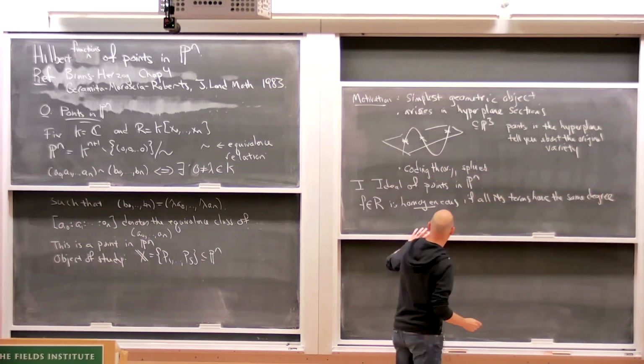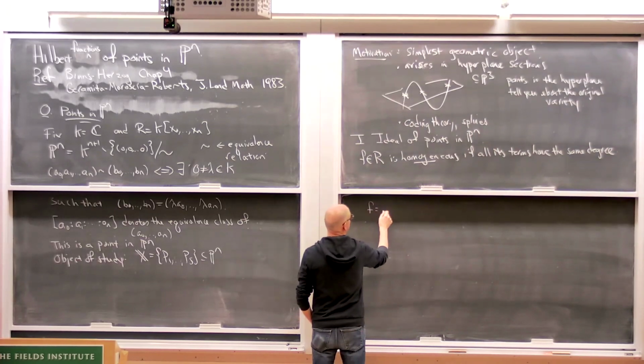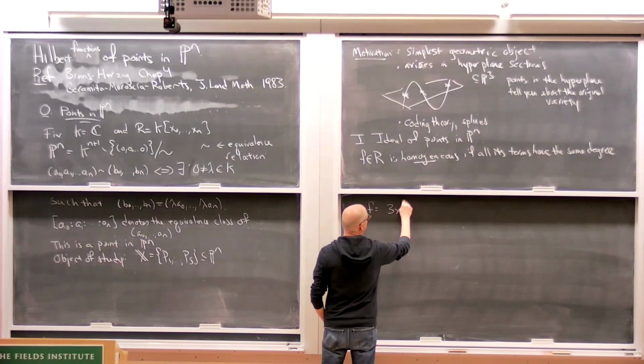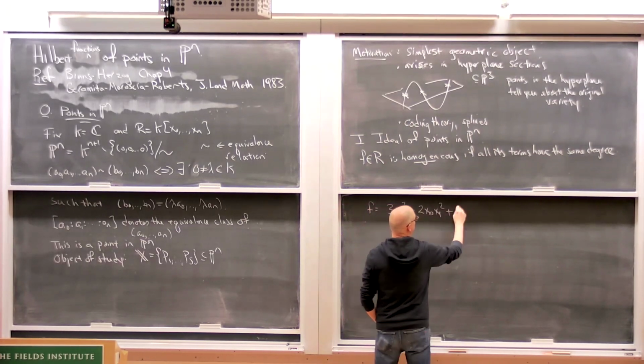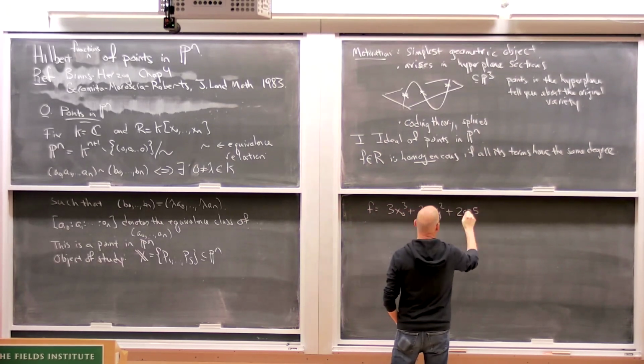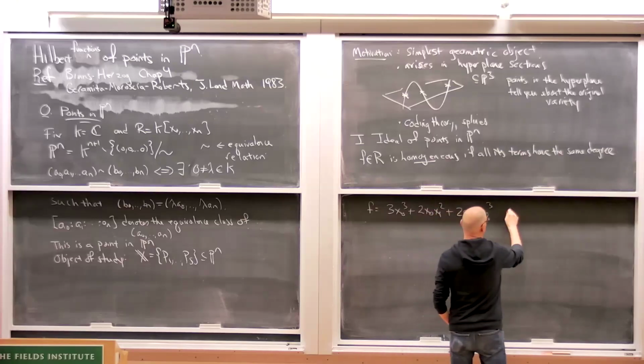I always like to give one or two examples of these. Let's say 3x0 cubed plus 2x0 x1 squared plus 2025 x2 cubed. This guy is homogeneous.